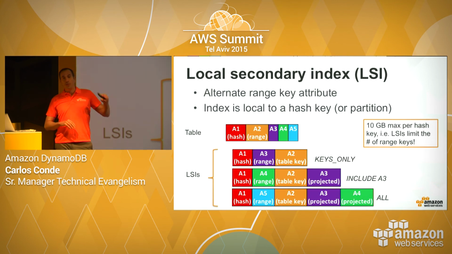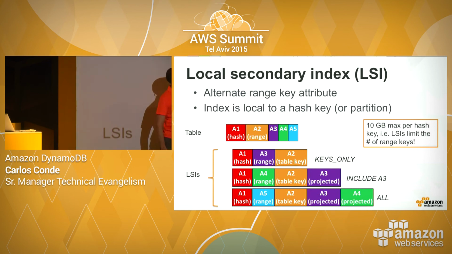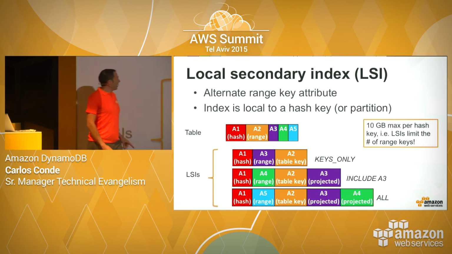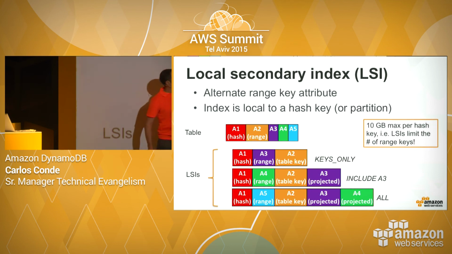One is the local secondary indexes. So imagine that you have this table, right? With different attributes, and one attribute is the hash, the second one is the range. Those two form the key that allows you to uniquely identify an item. Now, you can create a local secondary index by keeping the same hash, but choosing another range. Here I'm going to choose the attribute A3 as another range.